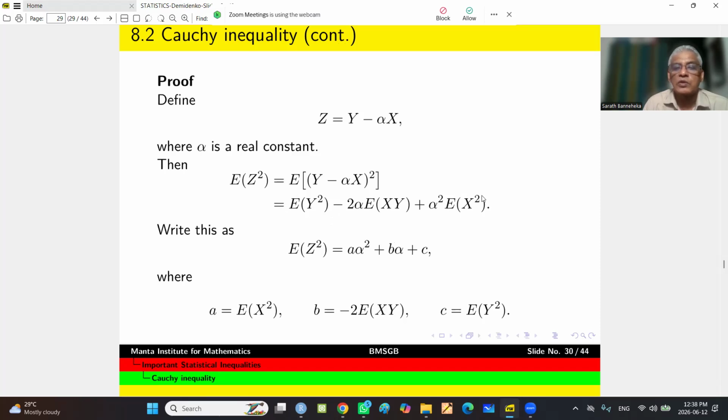If I call this part A, this part, negative 2 times expected value of XY, as B, and this quantity as C, then I can write the expected value of Z squared as A alpha squared plus B alpha plus C. So it's in a quadratic form.